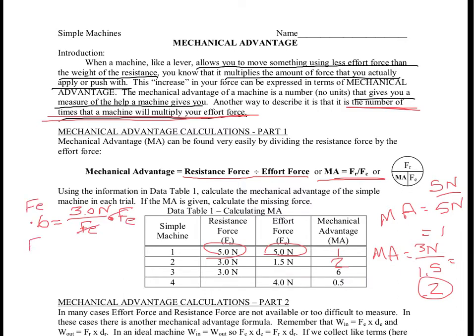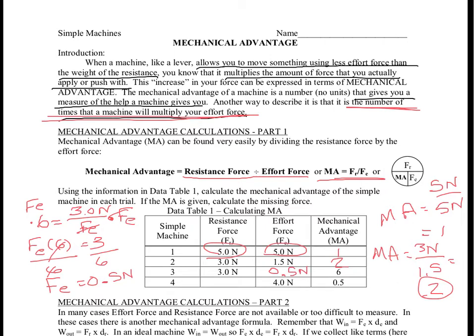So that's going to be Fe times 6 equals 3. Then I'm going to divide both sides by 6. Fe equals 0.5 newtons. So to have a mechanical advantage of 6, if I get out 3 newtons of force, I have to put in 0.5 newtons of force.